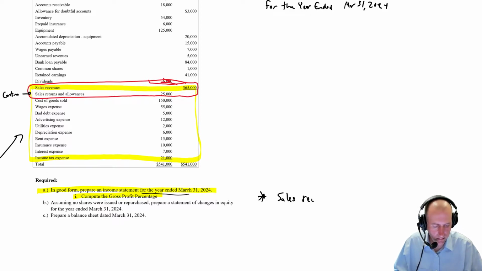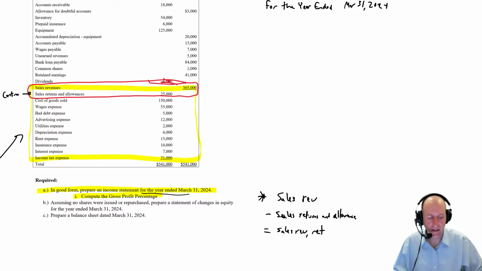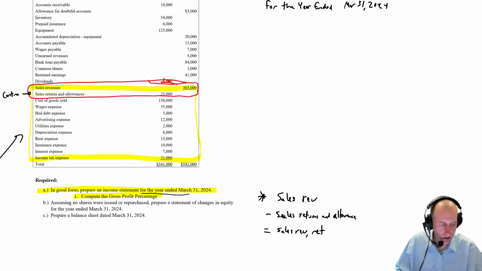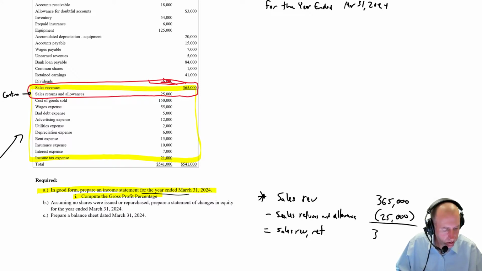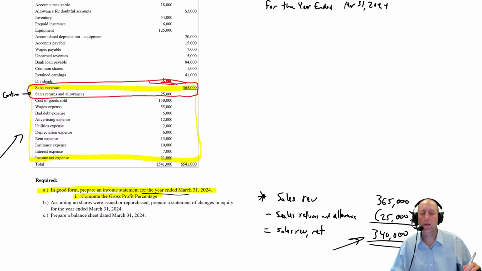Sales revenue minus sales returns and allowances equals net sales revenue. $365,000 minus $25,000 equals $340,000. This is the number we tell our shareholders about.